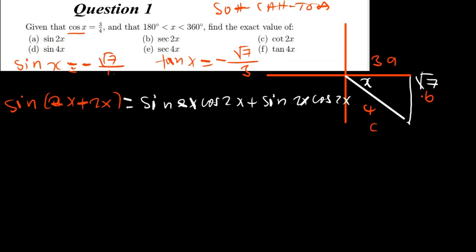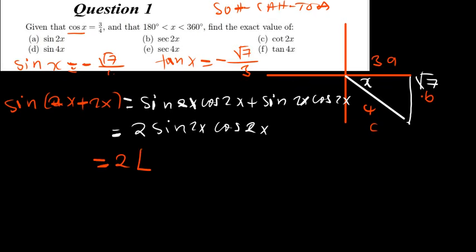But these two are the same, so it will be 2 sine 2x cos 2x. Now I can't solve this the way it is directly. I have to replace with another identity. Remember the identity for sine 2x.